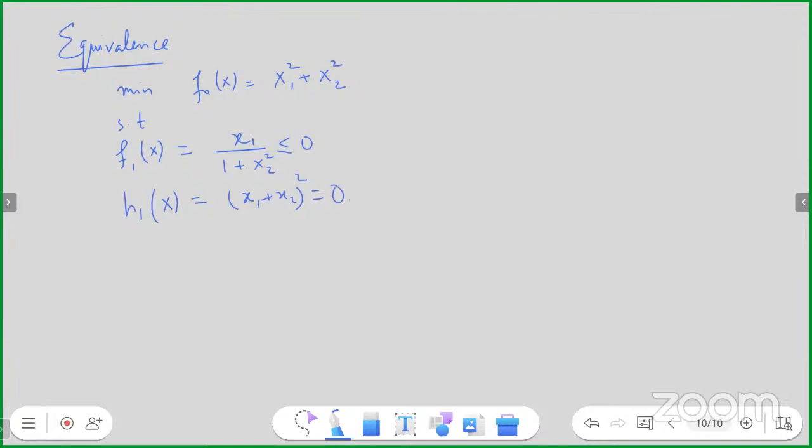Clearly, it's not in the standard convex form. But I claim you can write an equivalent problem where it is.